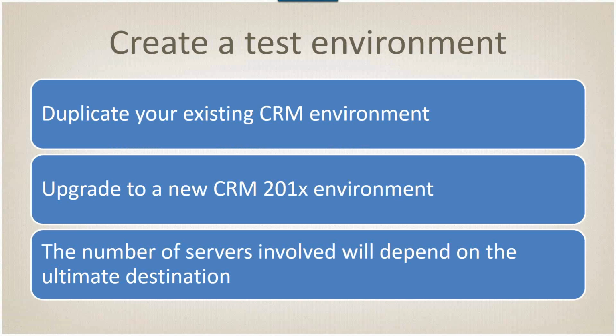And then what we're going to be doing, as I just mentioned, is upgrading to the 201X environment. Again, the number of servers that you're going to need for this is going to be totally dependent on how far back you're starting and how far forward you're going. A lot of people actually stopped at 2013 instead of going to 2015, because last fall they announced 2016, which should have been an upgrade of 2015.